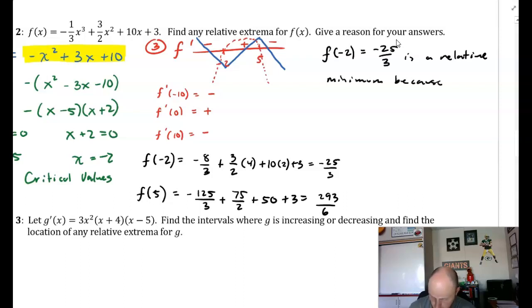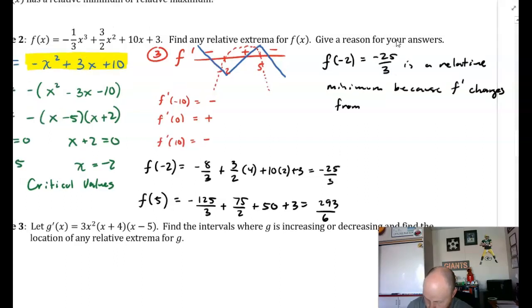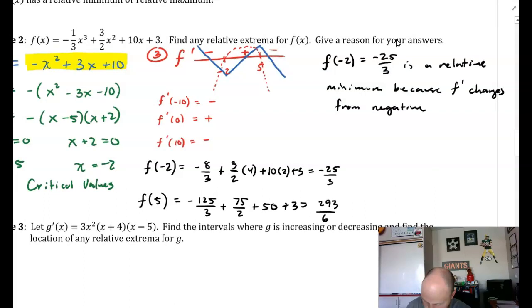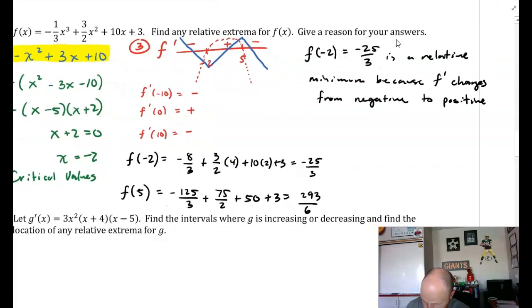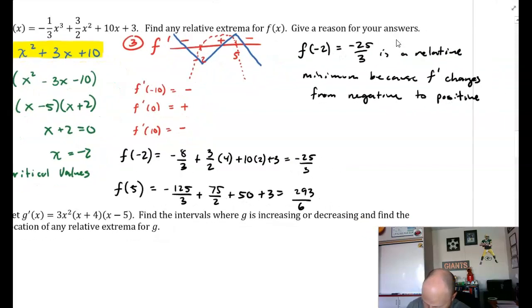Because, why? What told us this? Well, because f prime changes from negative to positive. Negative to positive. And if you wanted, you could include at x equals negative 2.